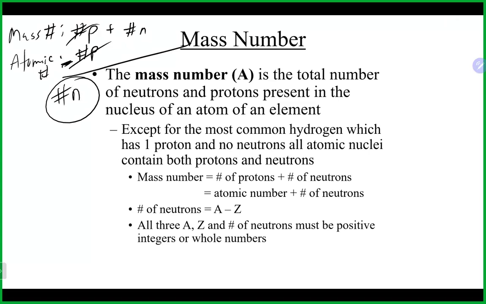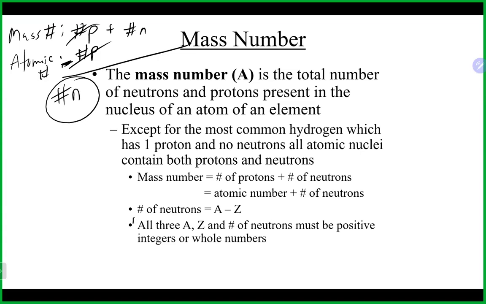So if you want to figure out how many neutrons there are in a particular atom, and you know the mass number and the atomic number, you can just subtract the two, and it will tell you how many neutrons there are in that particular element.